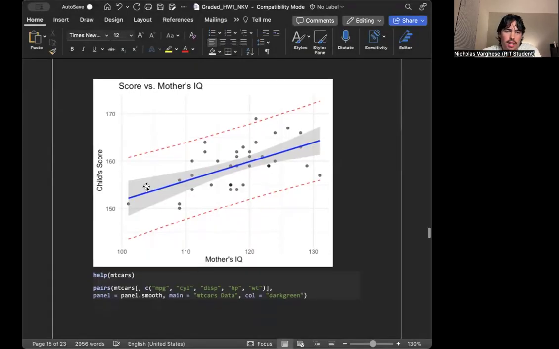This gray outline, the confidence band, shows where we expect the average child score to fall given a mother's IQ, whereas this red band shows where we expect any single child to score based on any given mother's IQ. The difference is between the average and what we expect for the individual kid, between confidence and prediction. These are both 95% intervals as well.